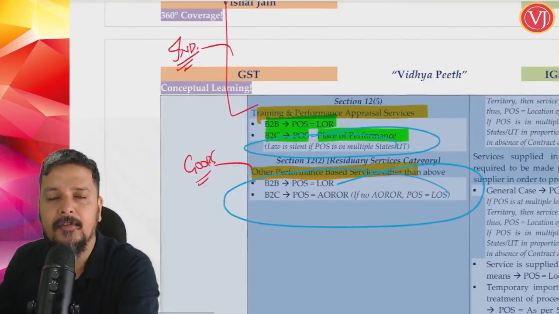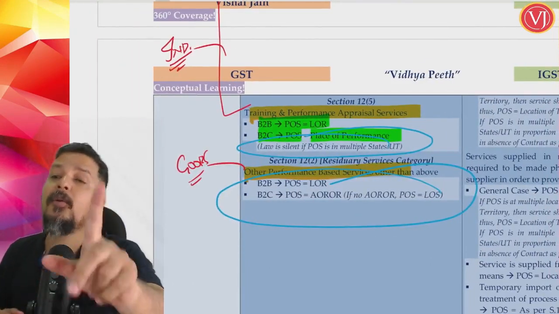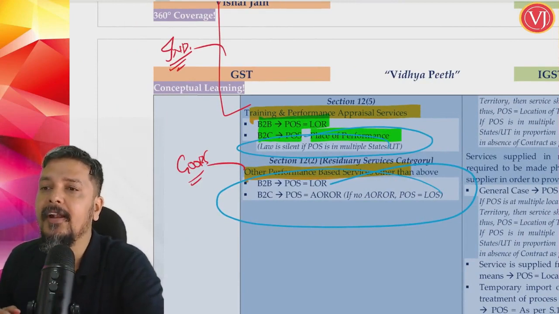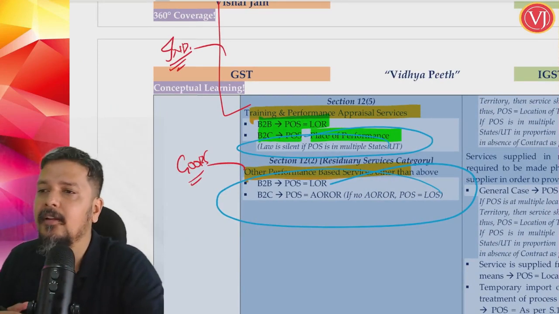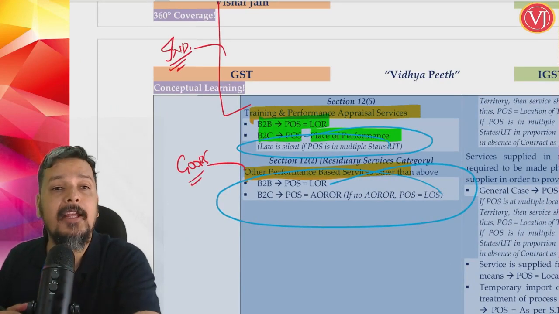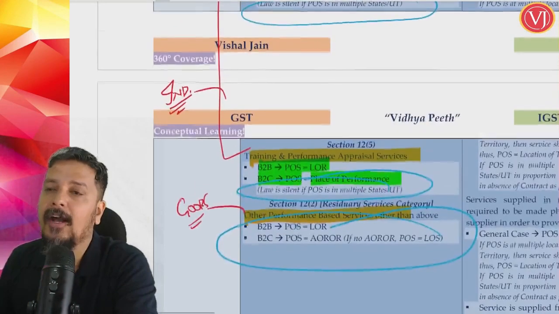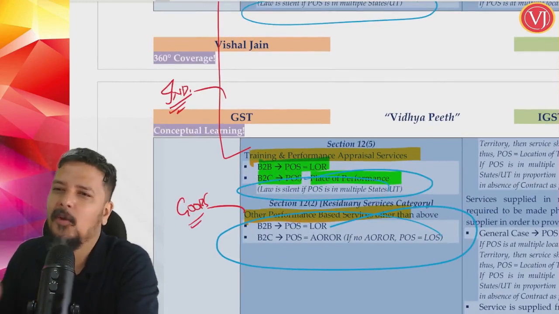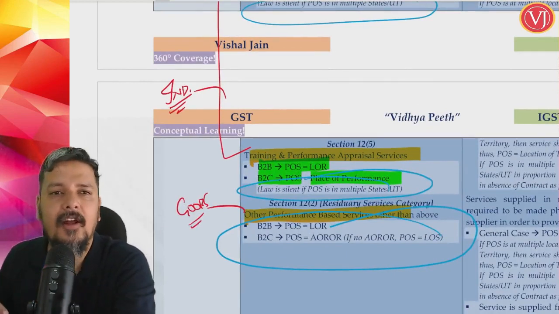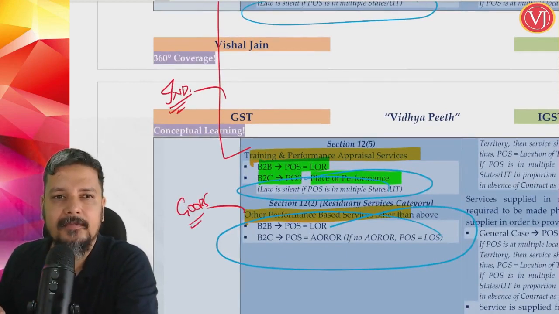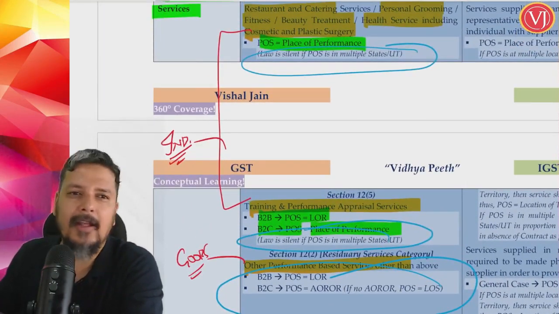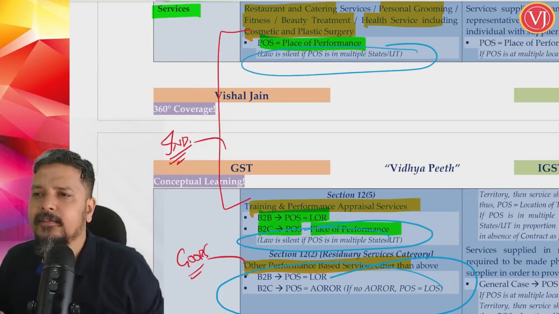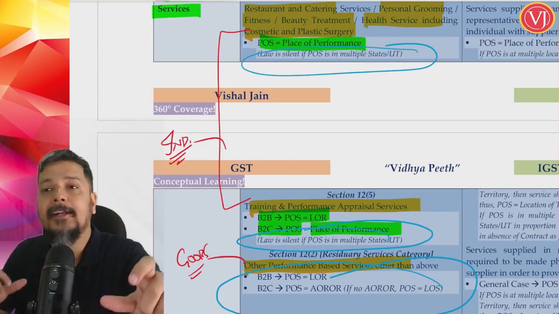Performance on individuals were covered, but two different answers. For training and performance appraisal, one answer depending on B2B and B2C. For other performance on individual, no B2B and B2C. Directly location of performance. Be it your beauty treatment, cosmetic plastic surgery, be it restaurant, outdoor catering, directly it is location of performance.